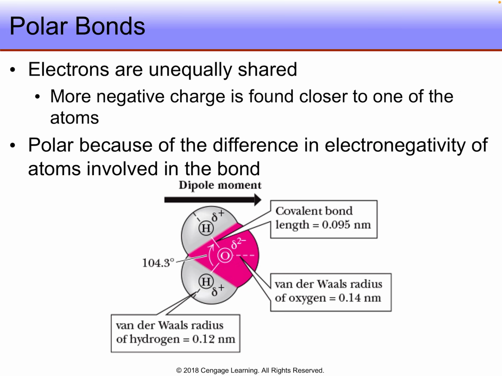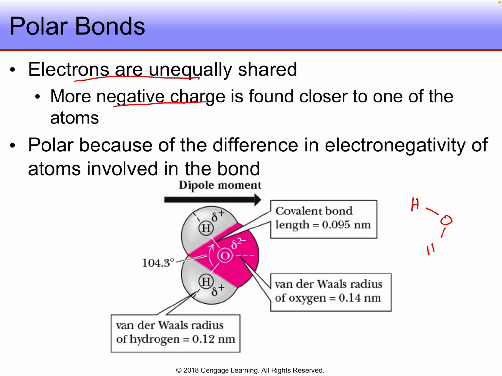And that's what I was alluding to in that carbon-oxygen bond. So in the polar bond, electrons are unequally shared, and the atom that is more electronegative will get more than its share of electrons, and it will assume a partial negative charge. And in this case, we have oxygen and we have hydrogen in water.